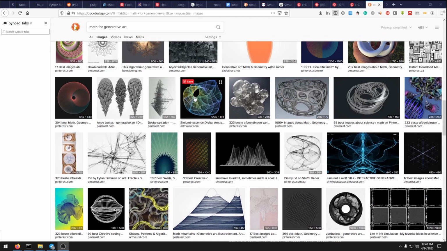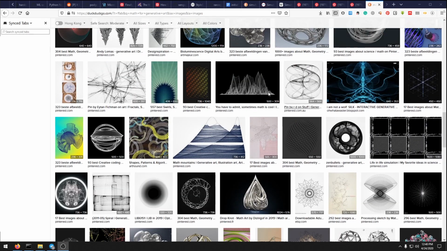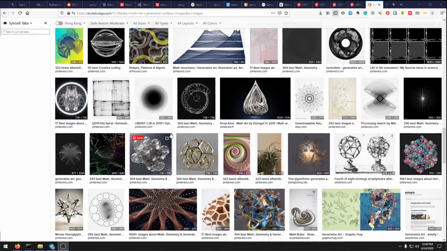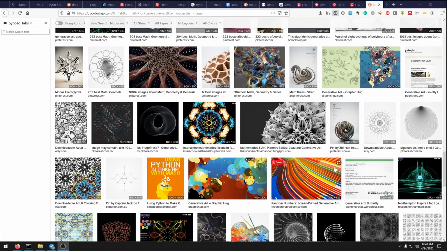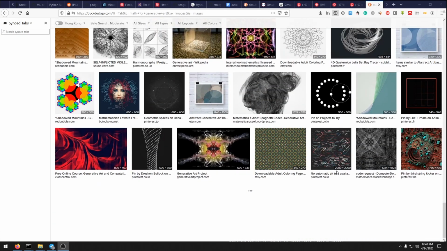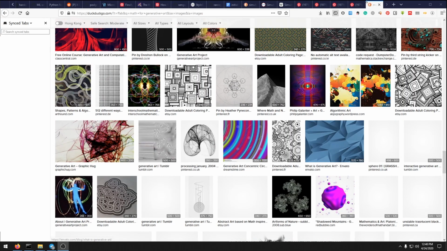For example, things like this are pretty much multidimensional spaces unwrapped to 2 dimensions, and that's how it looks. So you see all of this stuff here is based on math, and you can build it, you can generate it with your program if it has some explanation, some equation behind it.